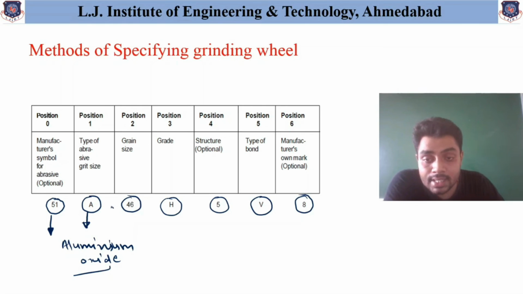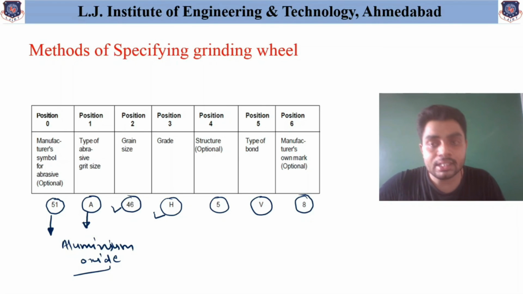Similarly, the grain size is 46. As the grain size is 46, it may be a medium or fine size range. Similarly, the grade indicated is H, and this H indicates the medium grade. Or we can say, as there are different variations, it might be a soft grade, it might be a hard grade.